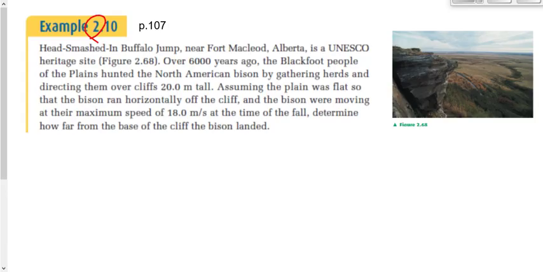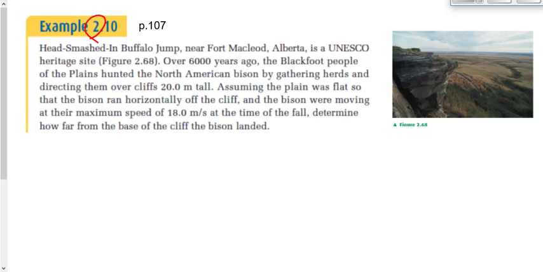Okay, question 2.10 on page 107 says, Head-Smashed-In Buffalo Jump near Fort Macleod, Alberta is a UNESCO World Heritage Site. How many people have been there to Head-Smashed-In Buffalo Jump? Okay, good. It's kind of neat, actually. So what happens is, like 6,000 years ago, the Blackfoot people of the plains hunted the North American bison by gathering herds and directing them over cliffs 20 meters high.